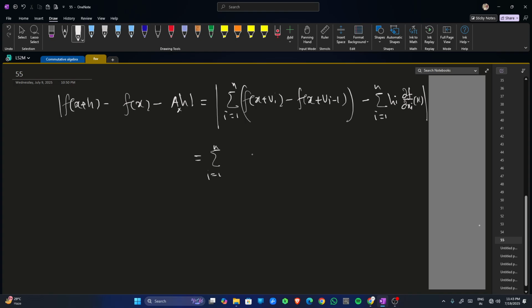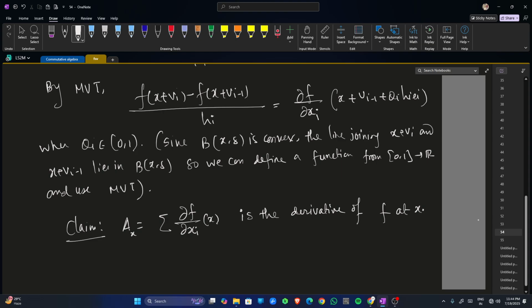So the norm of the summation from i equal to 1 to n of f of x plus v_i minus f of x plus v_{i-1}, minus h_i del f del x_i applied at x.